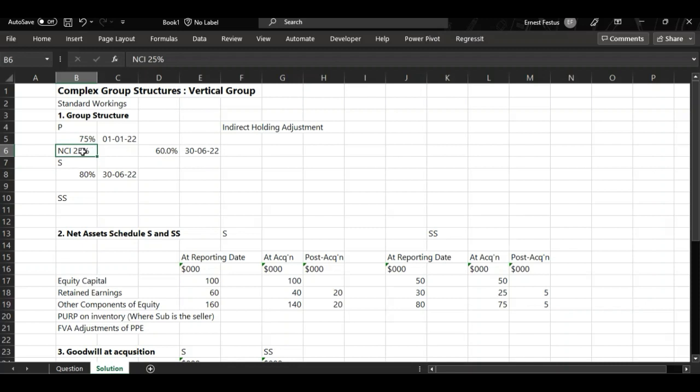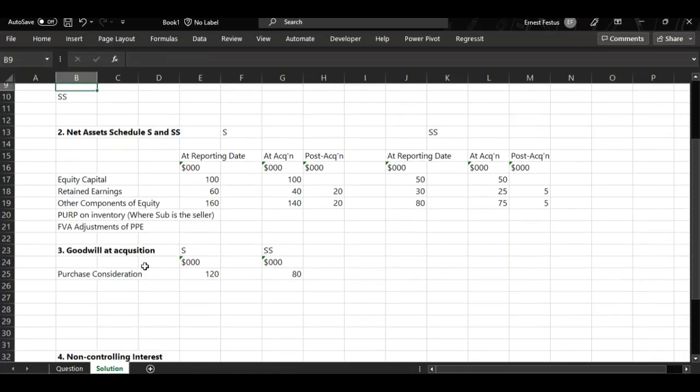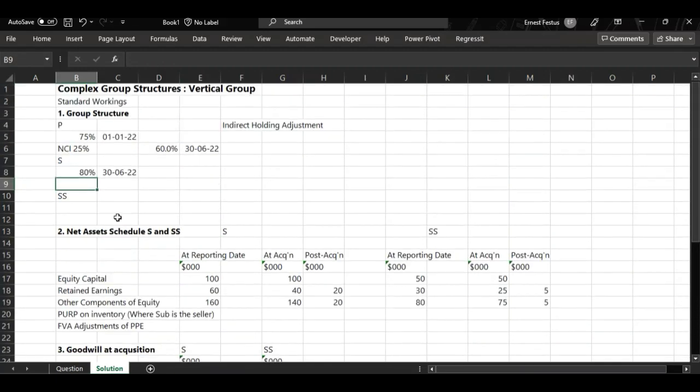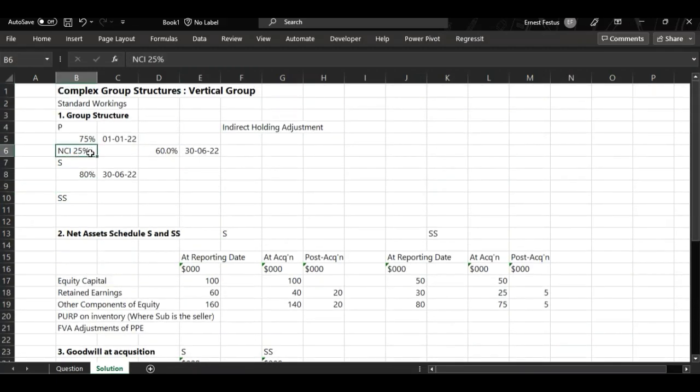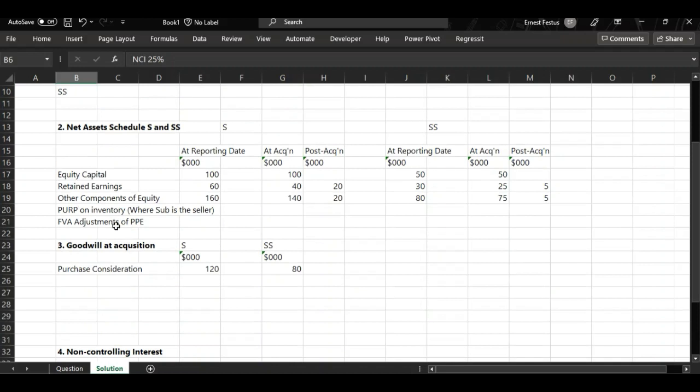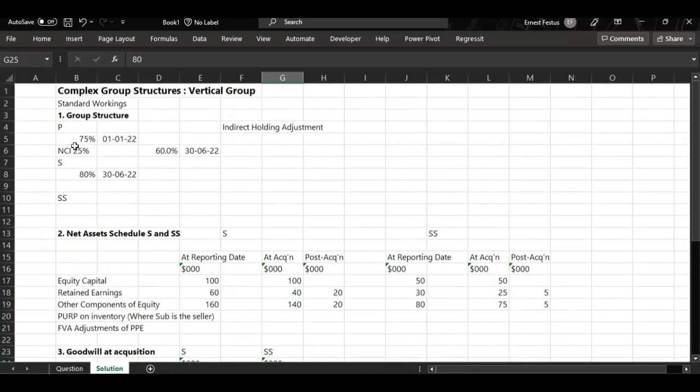Now this 25% is the indirect holding in SS. And so in calculating the goodwill, we will multiply this indirect holding adjustment with this particular amount, and subtract whatever we get to get our actual holding in SS.